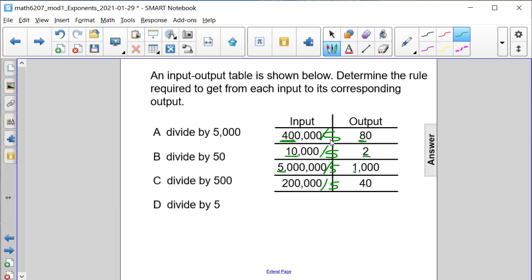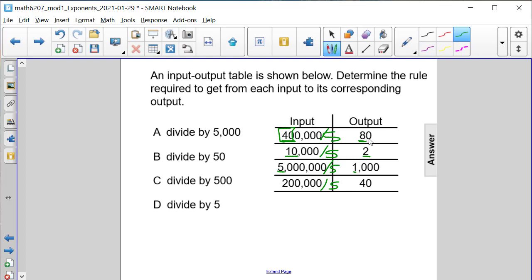So since 5 times 8 gives me 40, it takes care of the 0 right after the 4 for 40. And then we have 1, 2, 3, 4 zeros left.